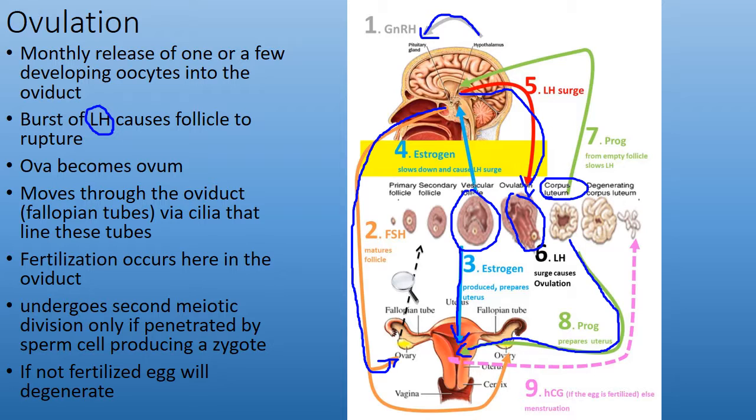The progesterone secreted by the corpus luteum acts on the hypothalamus to stop secreting gonadotropin releasing hormone, as well as FSH and LH, in hopes that the fertilized egg from the fallopian tubes will implant itself in the uterine wall.